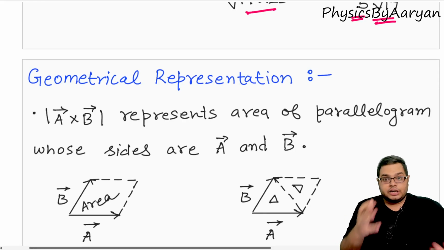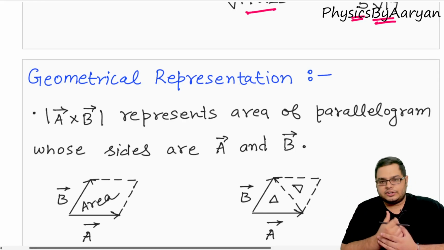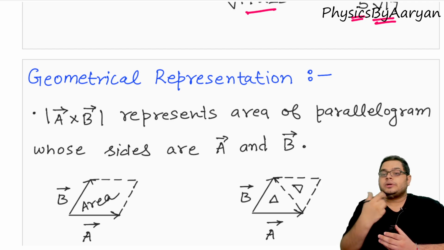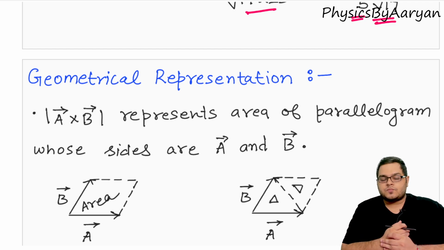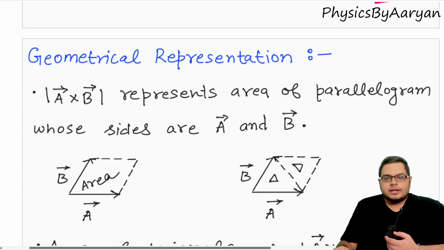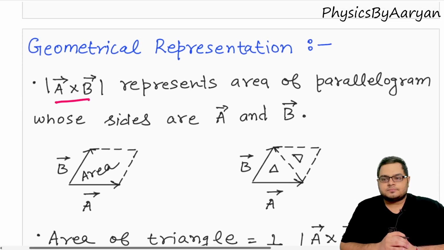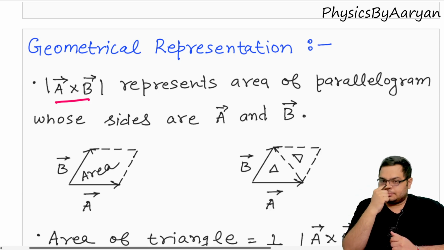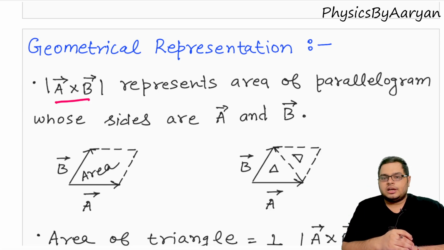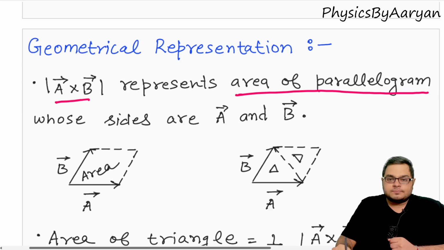Now again, interview questions, or you can say the basic understanding of mathematics. What is the geometrical representation of a vector? What is the geometrical meaning of the cross product or vector product? And that meaning is basically coming from this: if you find a cross b, and then you find its magnitude, then it represents the area of the parallelogram whose sides are a and b.